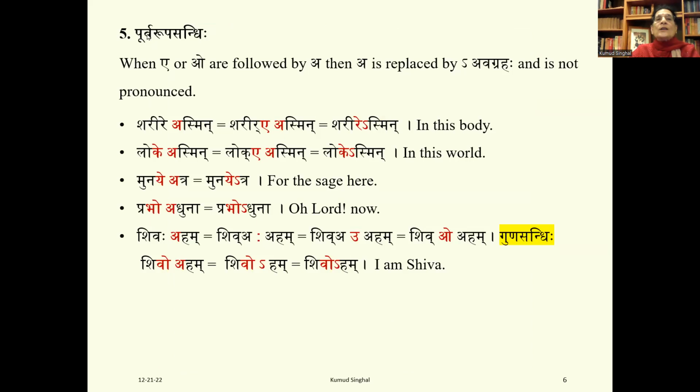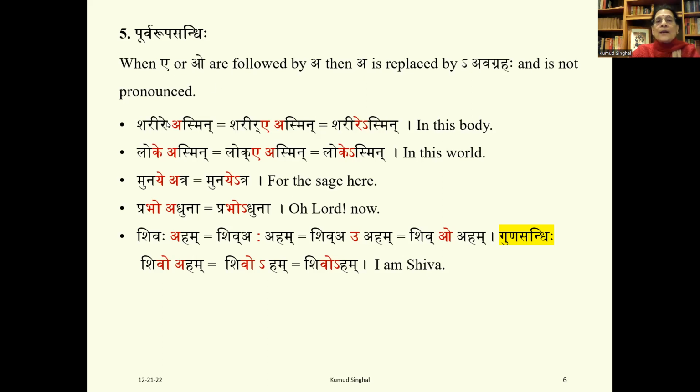That sandhi is called Purva Rupa Sandhi. The sandhi says that when e or o are followed by a, then a is replaced by this symbol, which is called an avagraha, and a is not pronounced. Nothing happens to e or o.